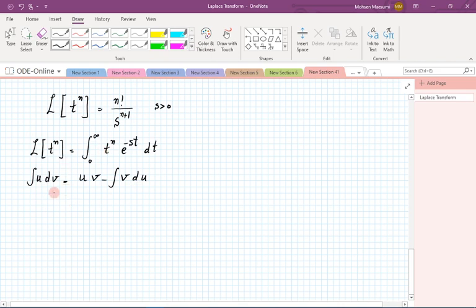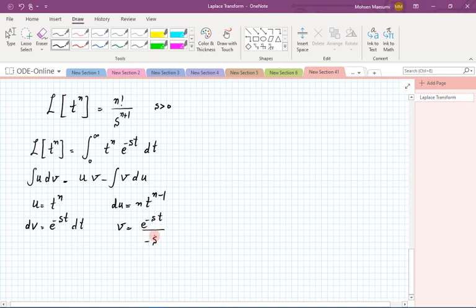So what we have here is u is t to the n, dv is exponential of minus st dt, and then du becomes n t to the n minus 1, and v, the antiderivative of this, becomes exponential of minus st over minus s.